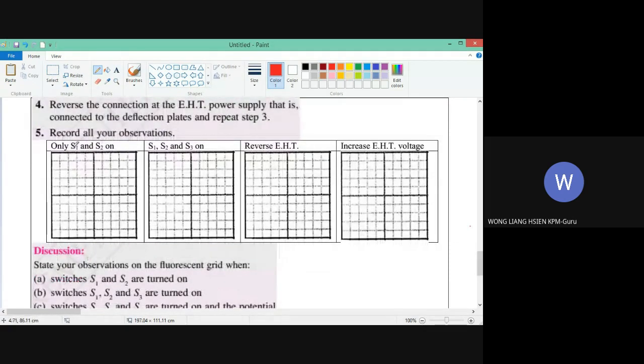When only switch 1 and switch 2 are on, what we can see is a green line, at the center here. But when you draw, you don't need to draw green color lah. You just draw with your pen. Okay. Now next, switch 1, switch 2, switch 3 on.